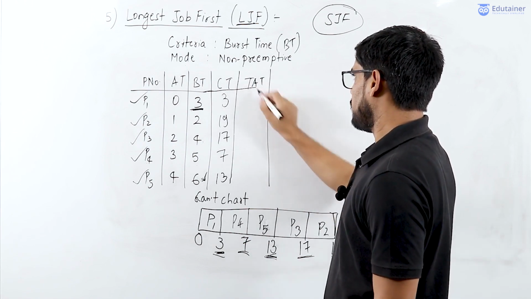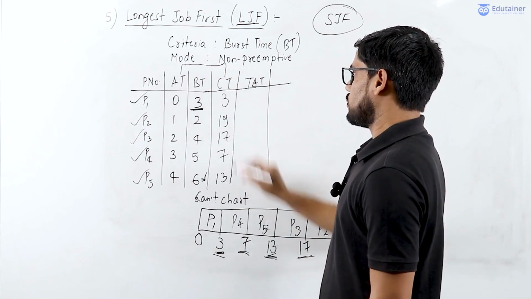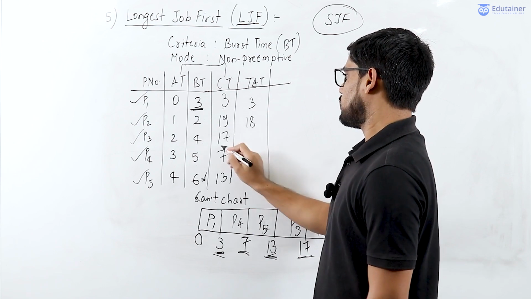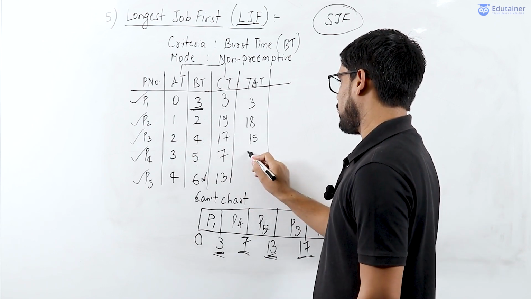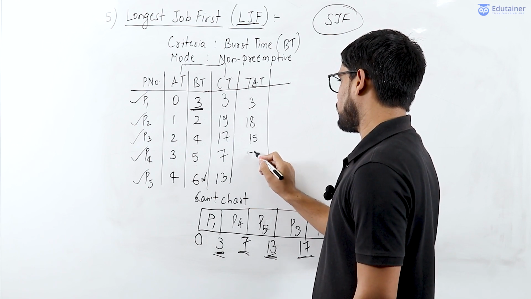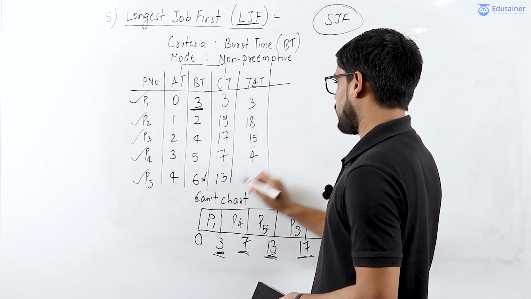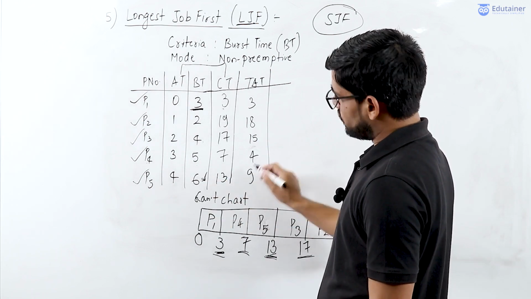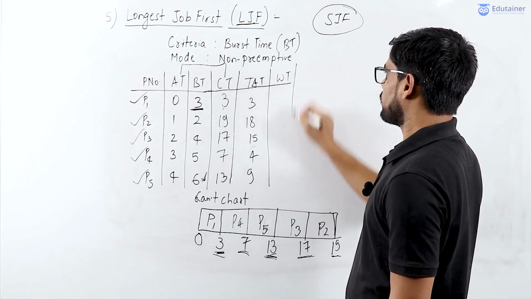Got it? Next is turnaround time. Turnaround time is completion time minus arrival time. So 3 minus 0 is 3, 19 minus 1 is 18, 17 minus 2 is 15, 7 minus 3 is 4, and 13 minus 4 is 9. Next is waiting time.